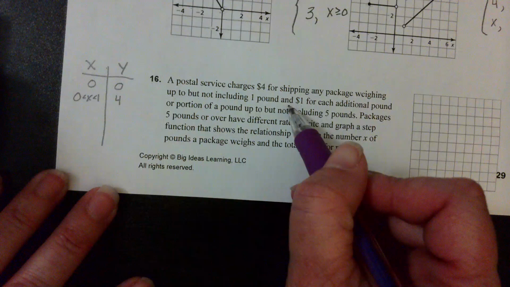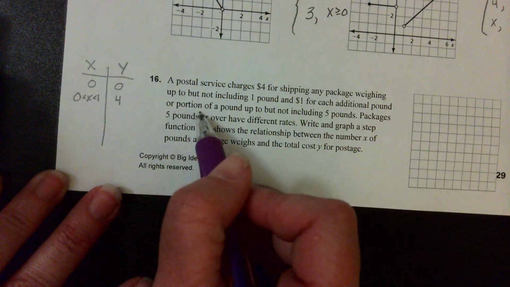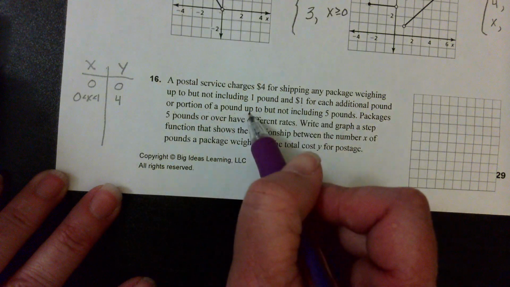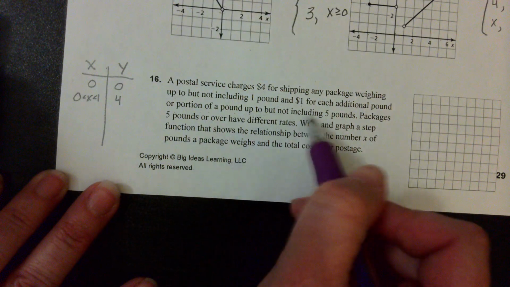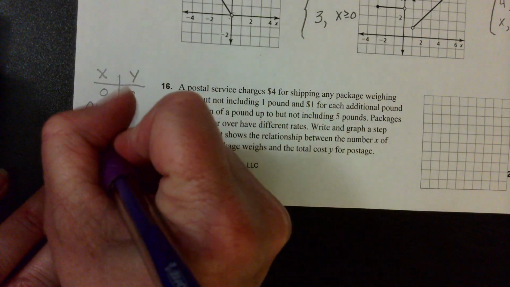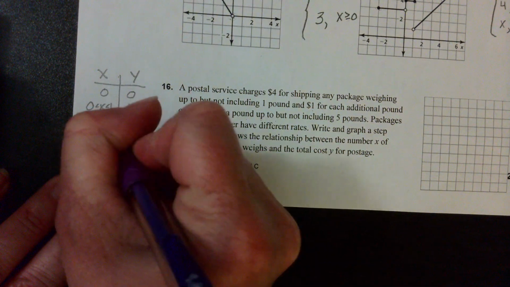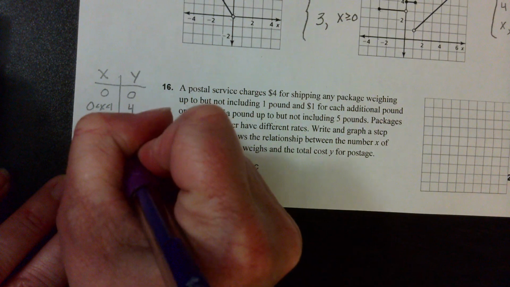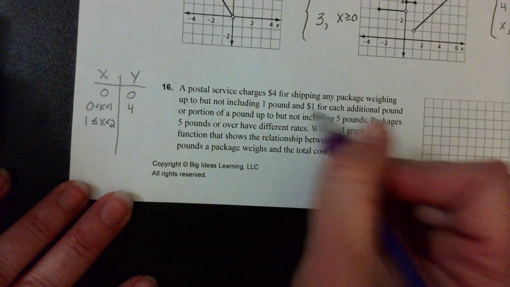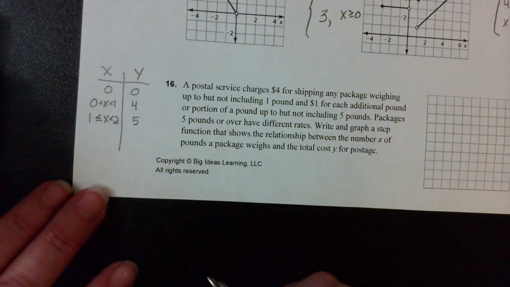But then it costs an additional $1 for each additional pound or portion of a pound up to but not including 5 pounds. So if it's 1 pound to just under 2 pounds, it's going to cost us an additional dollar, so that would be $5.